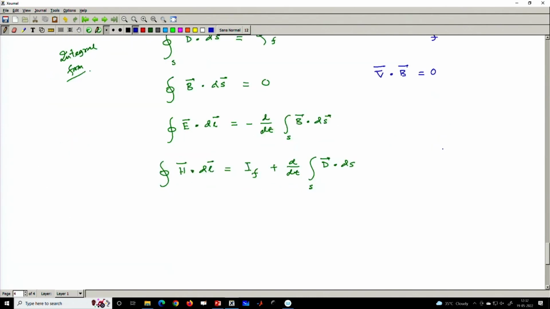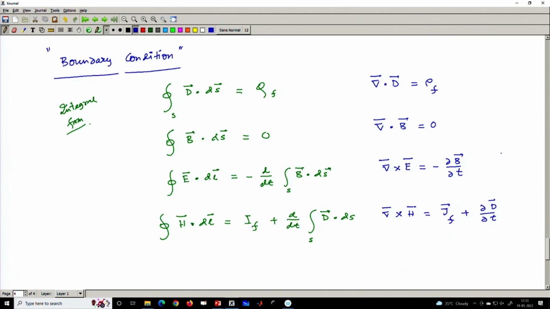This equation corresponds to curl of E equal to minus del B del t, and finally this equation is curl of H equal to the free current density plus del D del t.